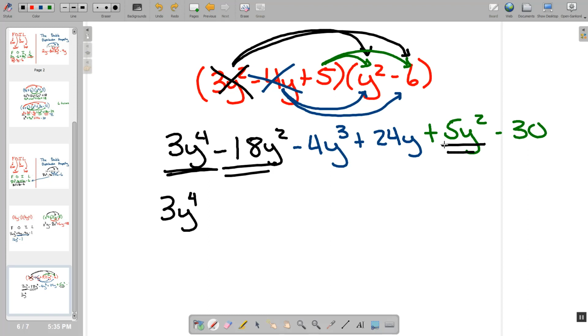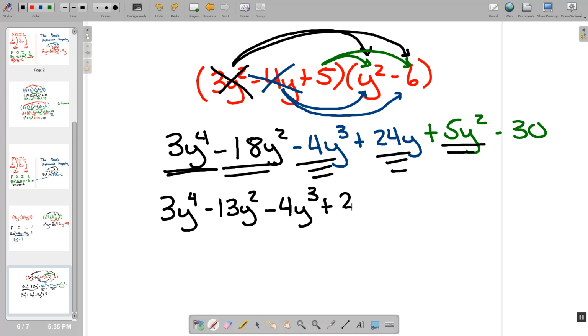Negative 18 plus 5 is negative 13y squared. Then I have 4y cubed, cannot be combined. 24y cannot be combined. And negative 30 cannot be combined.